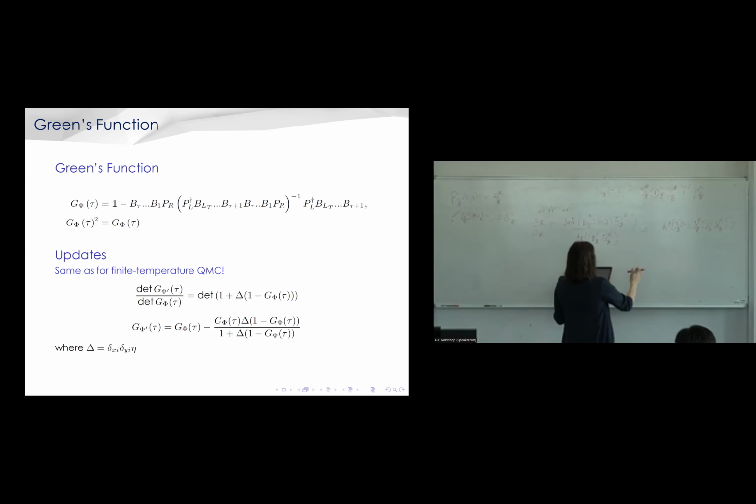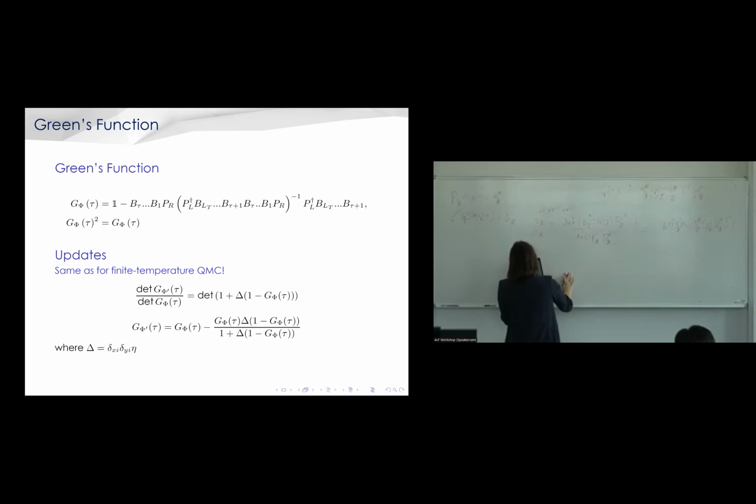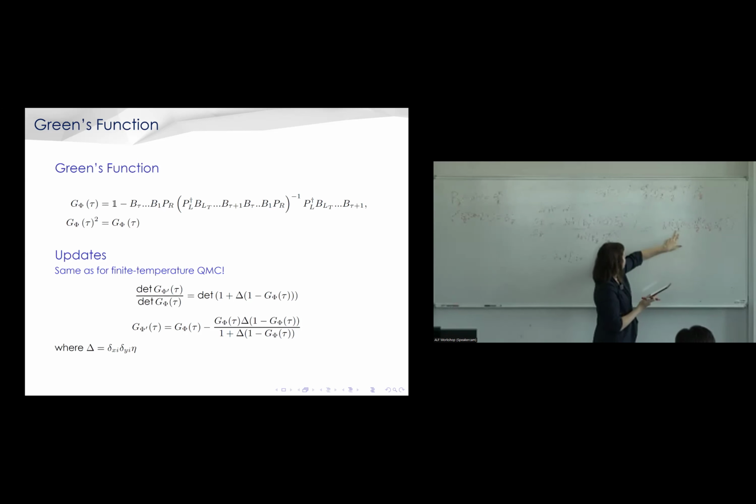And then when we do this, we would be multiplying these two, but we've got this one times its inverse. And so what you get is the determinant of just 1 plus this delta times these other matrices times this B on the left.